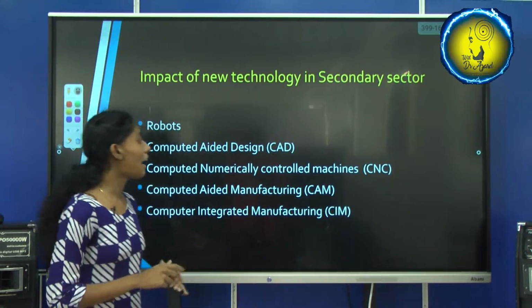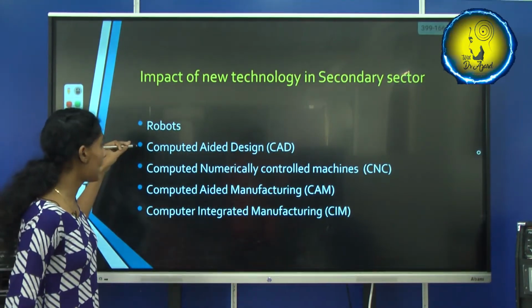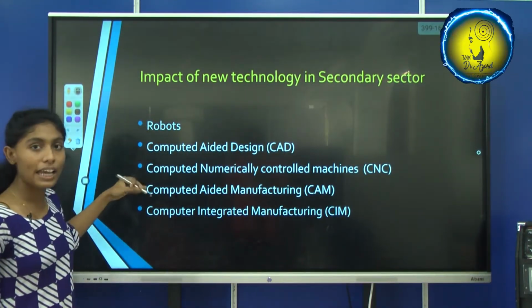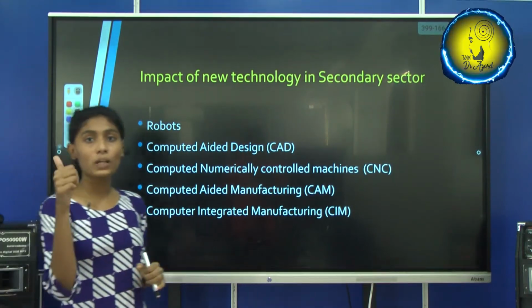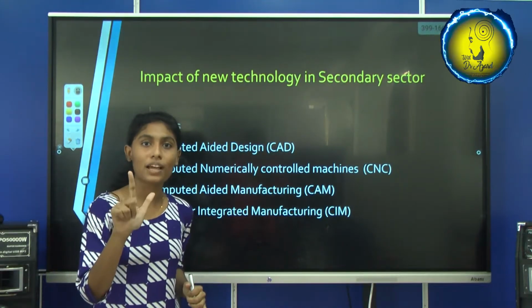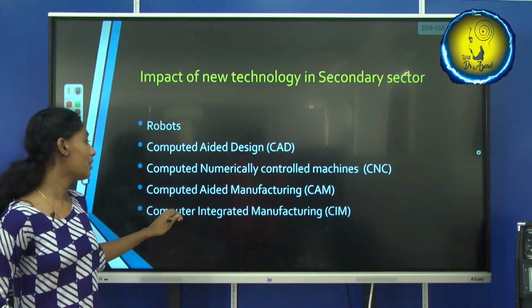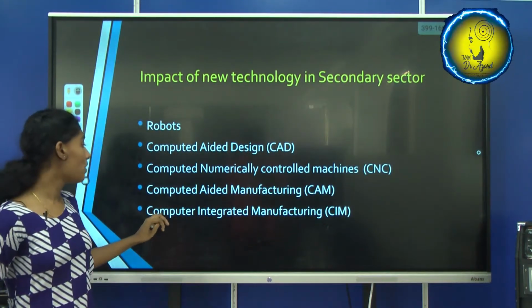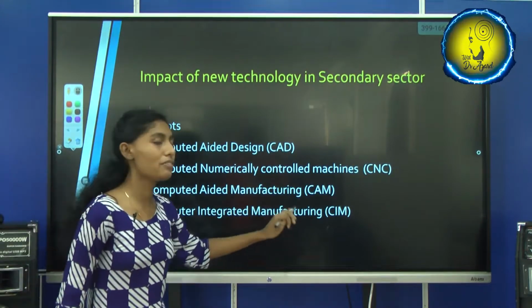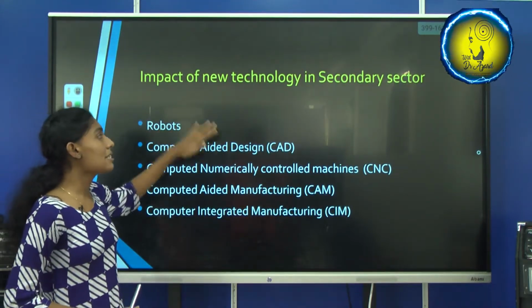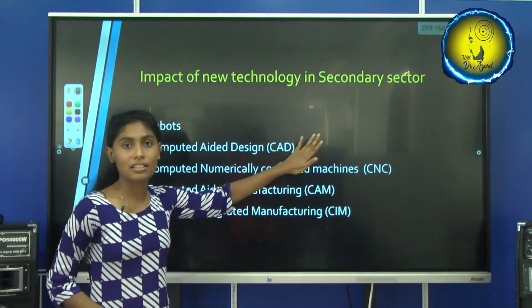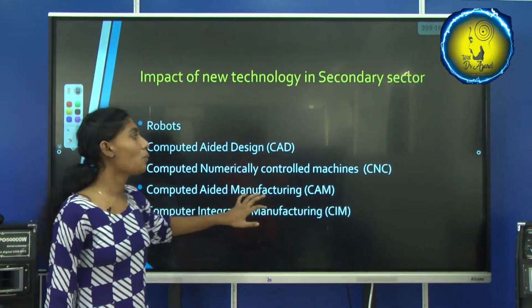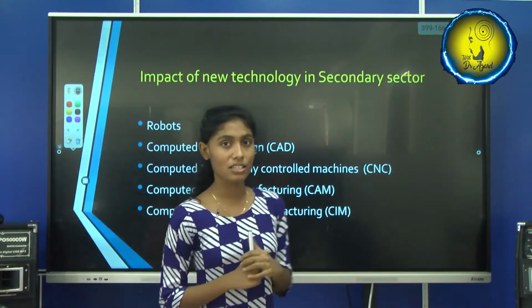That means it's a hybrid version of computer aided design and computer aided manufacturing. That means we design the product and we manufacture the product in the same system. The whole process is controlled by this system that we call computer integrated manufacturing. So all these technologies are used in the secondary sector.